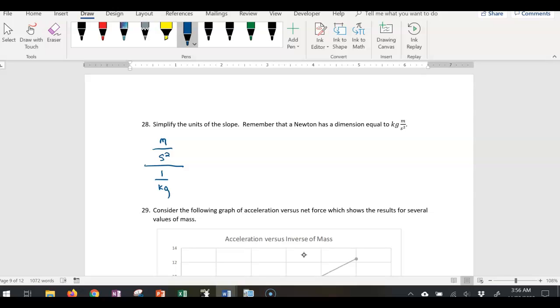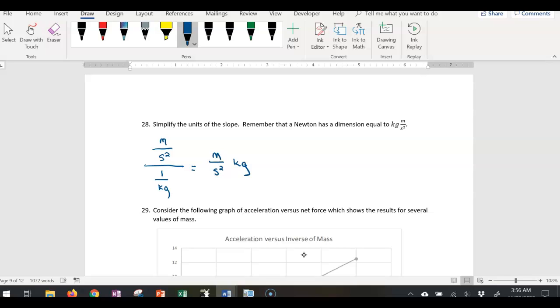So since I'm dividing by a fraction, I'm going to simplify this by multiplying by the inverse of that denominator. Okay, so I've got meters per second squared times kilogram. Okay, and let's see.